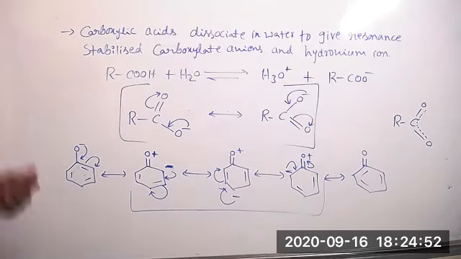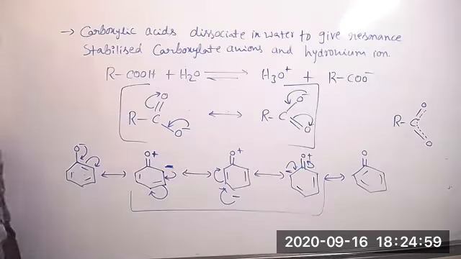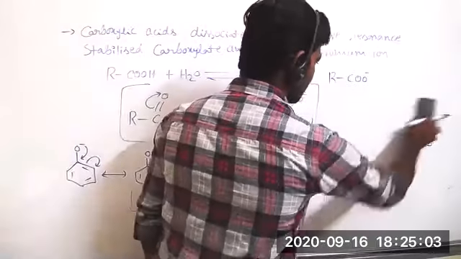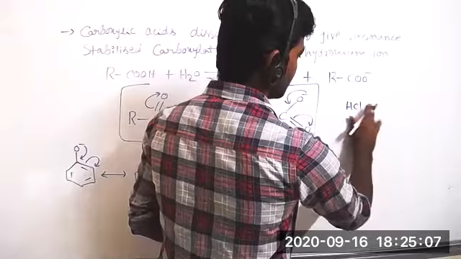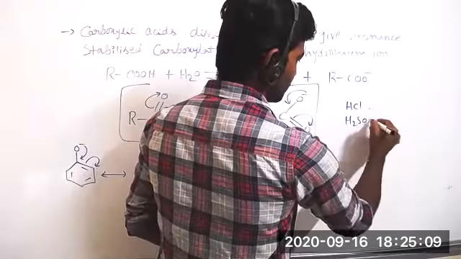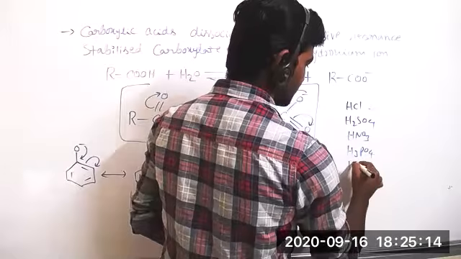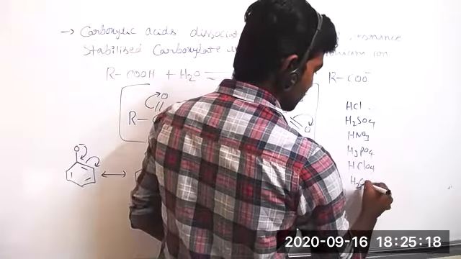Next, comparison with the mineral acids, phenols, alcohols, and water. Mineral acids are highly acidic: HCl, H2SO4, HNO3, phosphoric acid H3PO4, HClO4, and H2CrO4.